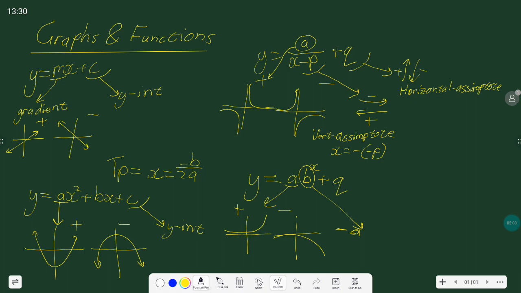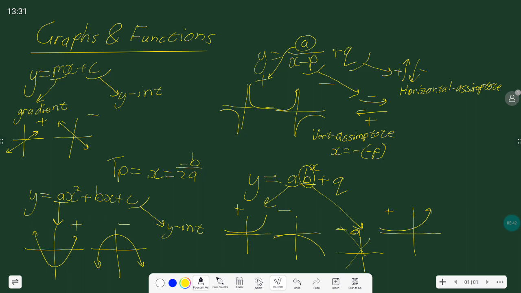It's going to look a lot different, so we only work with positive values. Always it will be a positive value.